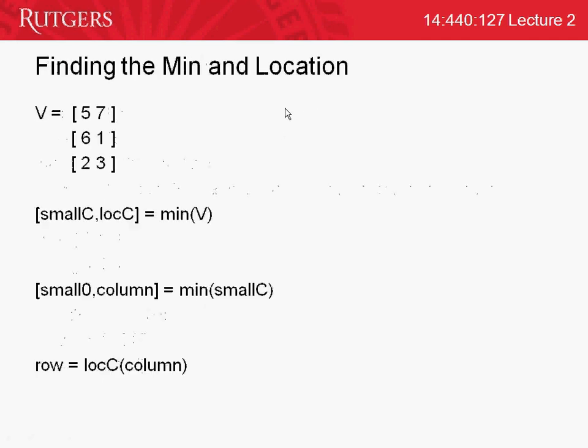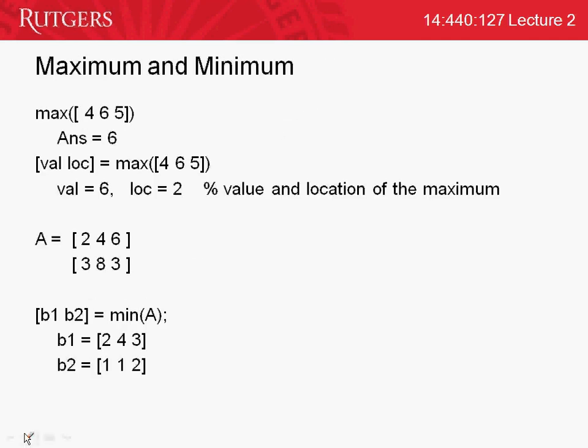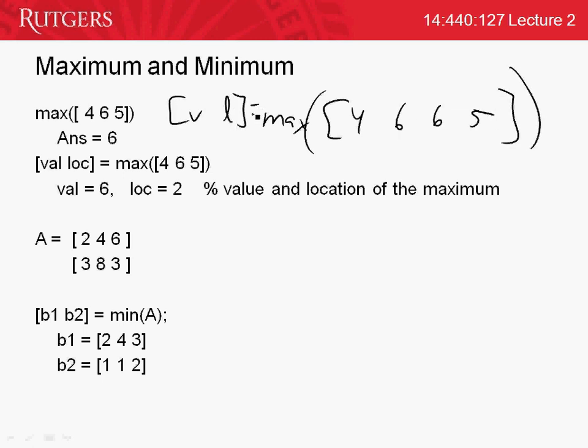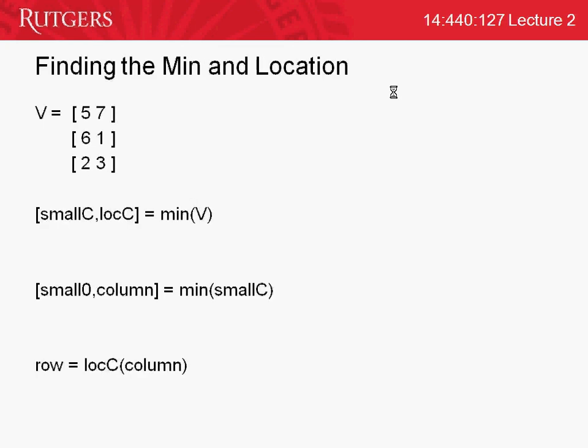So here in maximum, let me switch back to pen. If you found the max of 4, 6, 6, 5, value and location, MATLAB would say, okay, the value is 6, and the location is 2. It finds the first one. Okay, so just keep that in mind.